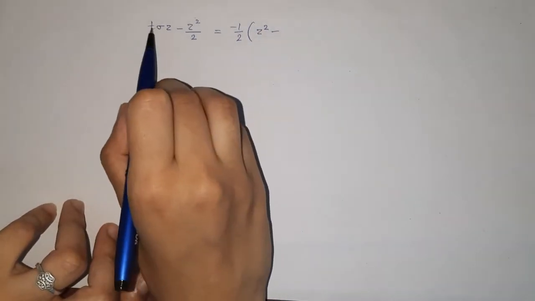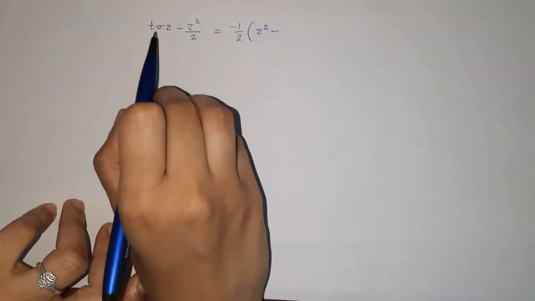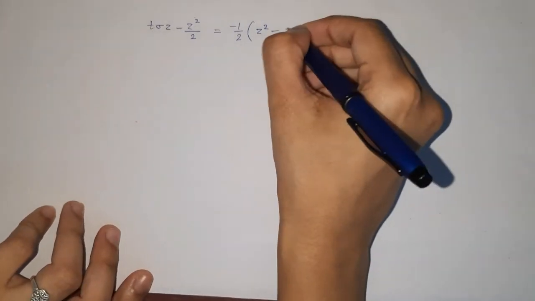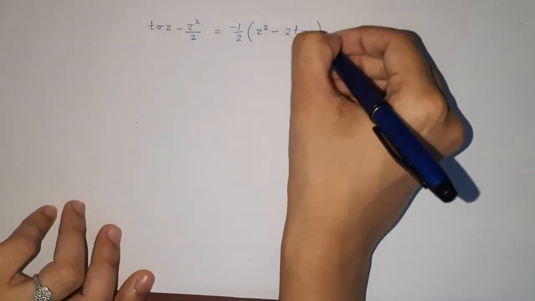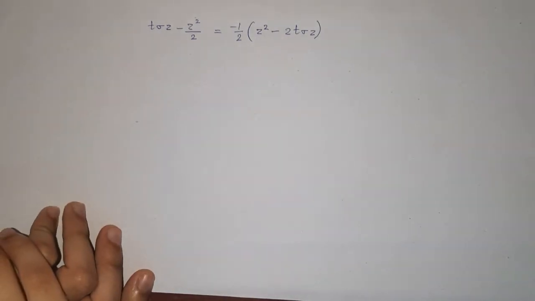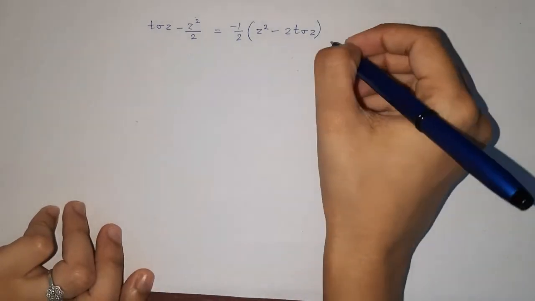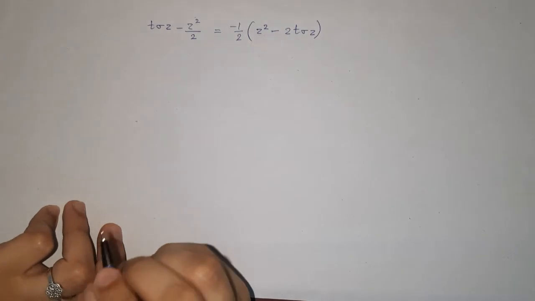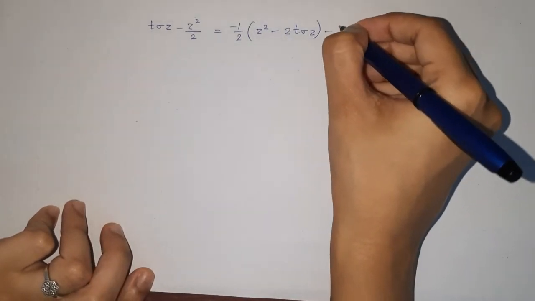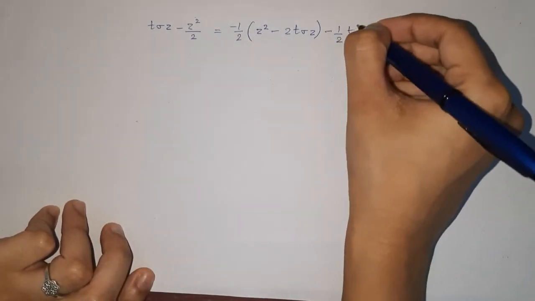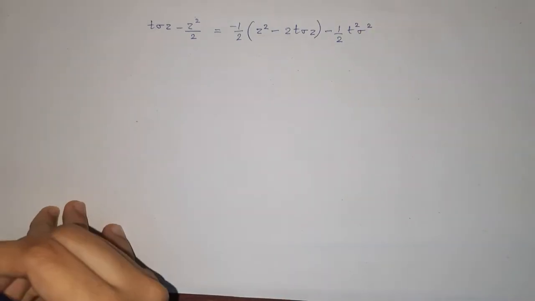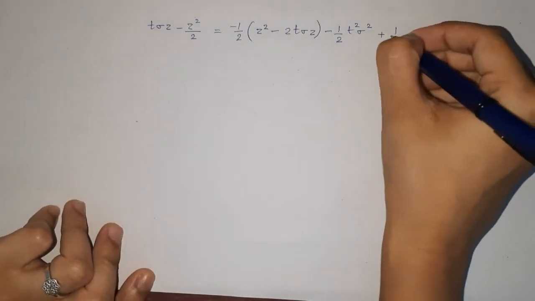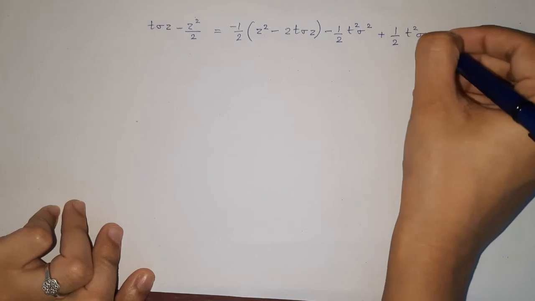And since there is 1 by 2 to take from here, it will be 2t sigma z. Now I am going to add and subtract a term. So I am going to add minus t square sigma square, and I am going to add t square sigma square.